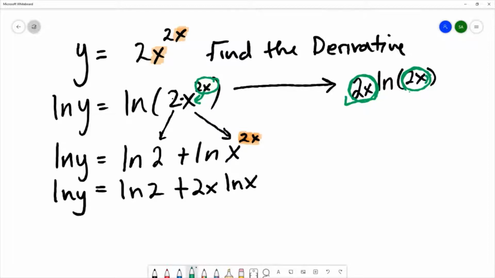So if I move it in front of the log right now, we're saying that that 2x is the power for both of these, and it's not. So that's why I needed to do this step where I separate out the two factors and then apply the power rule, because that 2x is the power only on that x.